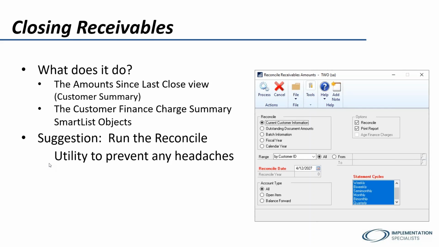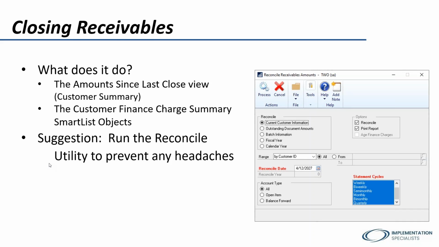The amount since last close view in the customer summary and the customer finance charge summary, those 2 areas are updated when we do this process, so we do recommend that you do the closing as close to the end of the month before transactions are posted for the new year.